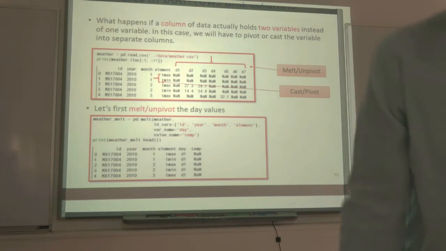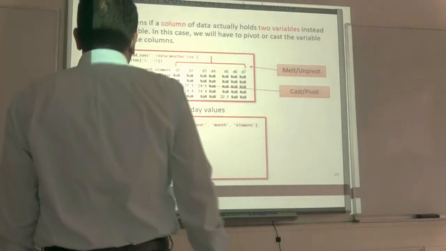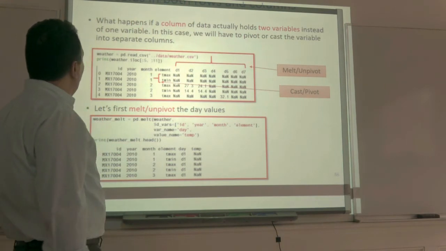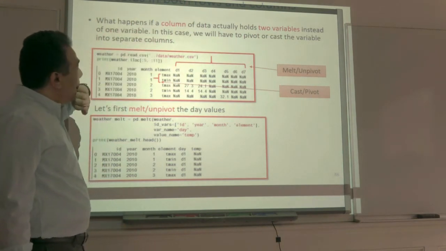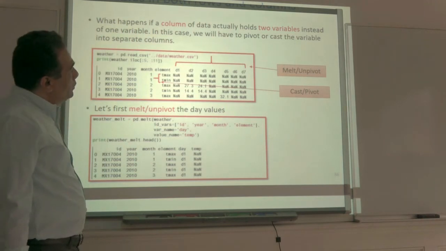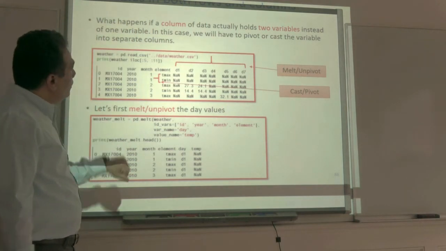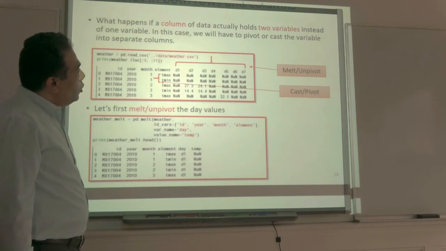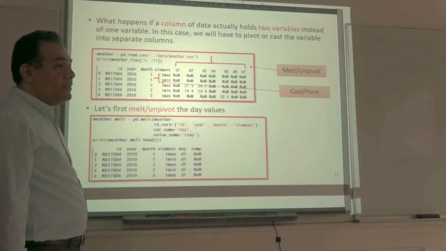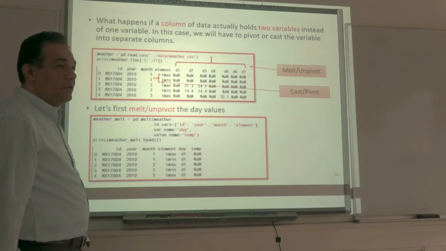So this is a good example in here. What happens if a column of data actually holds two variables instead of one variable? In this case, we will have to pivot or cast. Pivot or cast is the opposite of what? Of melt.